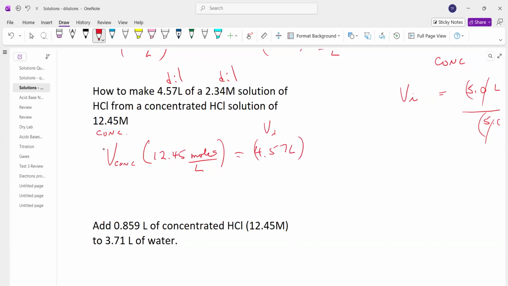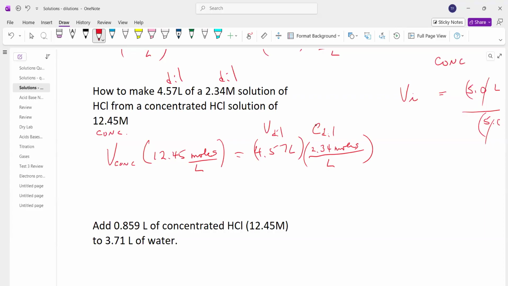So this is V dilute, and the concentration of the dilute is 2.34. Now you can leave it as moles over liter or just molarity. I'm doing moles over liter, so it's obvious how the liters cancel. Okay, so that's your setup.